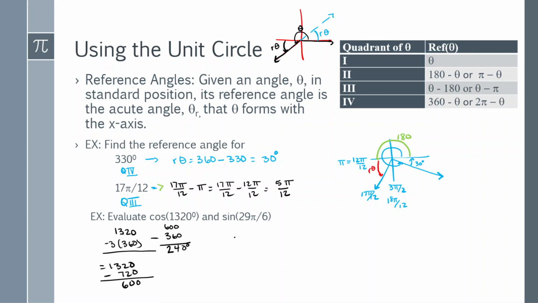Okay, so on my unit circle, 240 degrees is down here. That reference angle, though, if all I memorized was quadrant 1, this reference angle is going to be 240 minus 180, which gets me 60 degrees.